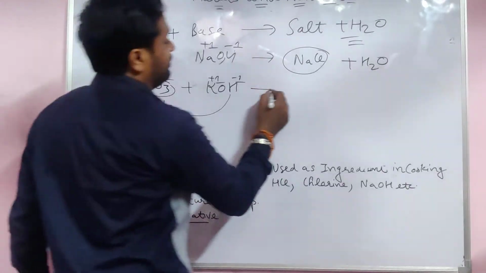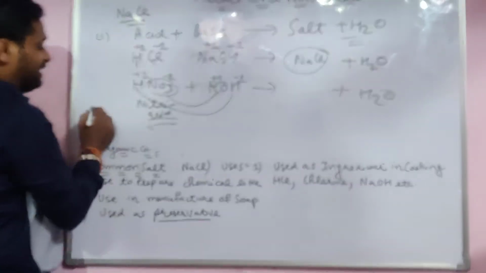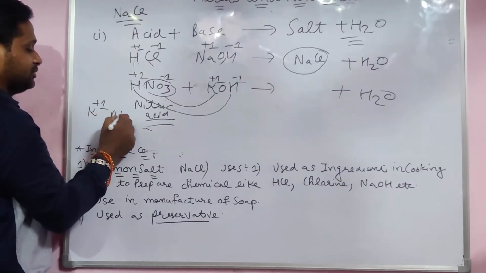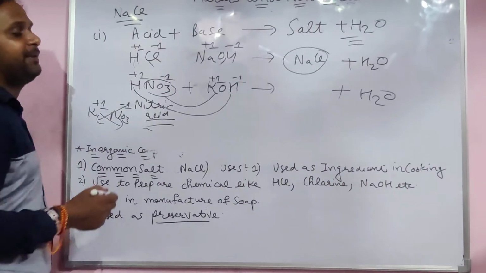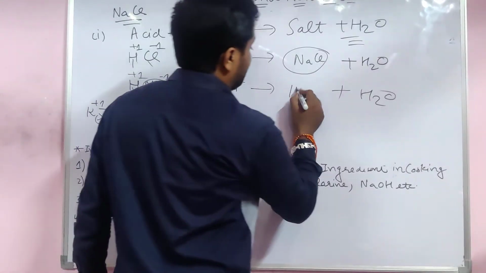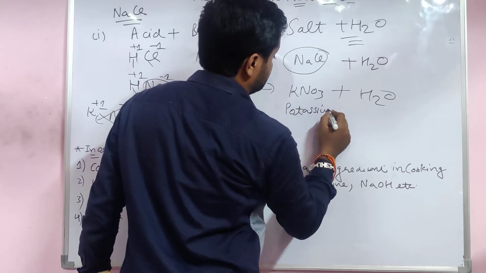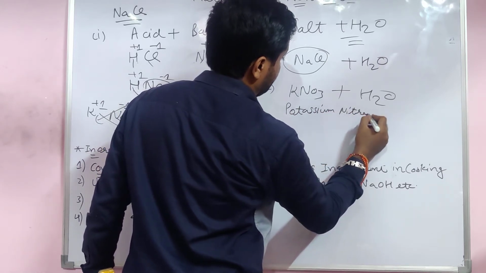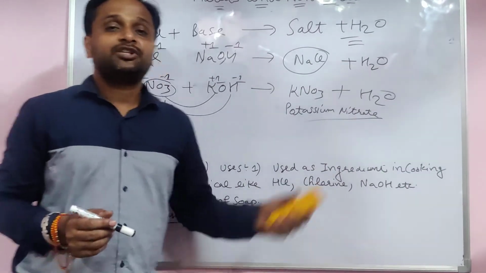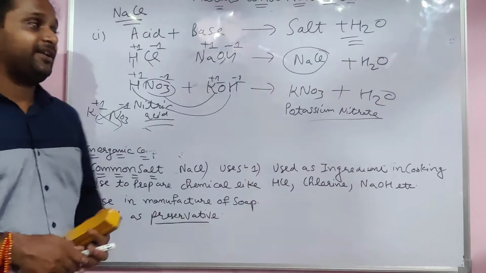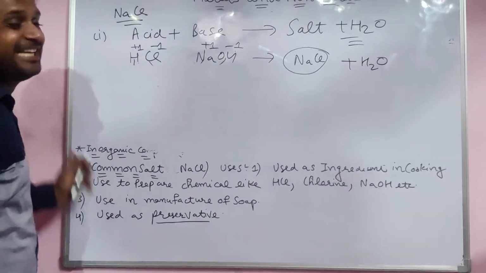When H positive reacts with OH, that always gives water. K plus NO3 by crisscross. That's why I say you have to revise polyatomic and monatomic ions. Very important. KNO3, potassium nitrate. Very easy, students. This is the reaction for the formation of sodium chloride.